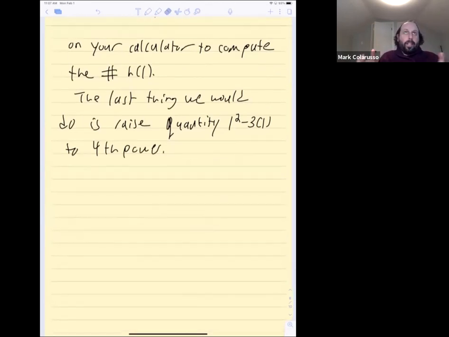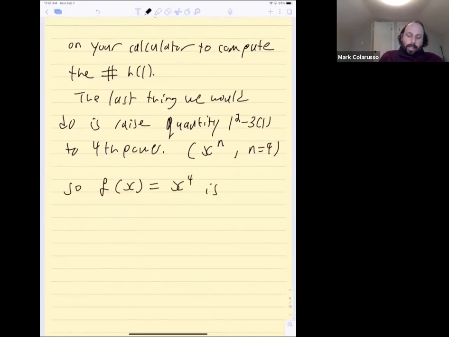Different calculators have different buttons, but when I was a kid it was like x to the n, and you put in a 4. So the outermost operation in the composition is the function raised to the fourth power, the outermost function.